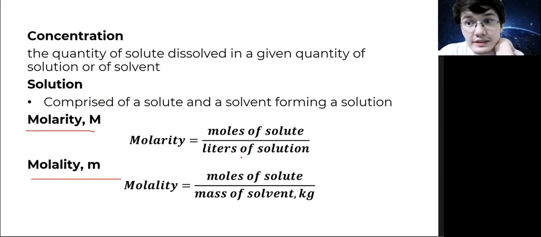They differ only in the formula used. In molarity, we have moles of solute per liters of solution. In molality, we have moles of solute per mass of solvent in kilograms. So we follow these units, liters, moles.